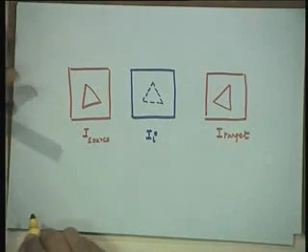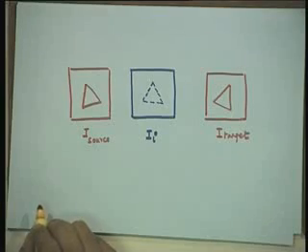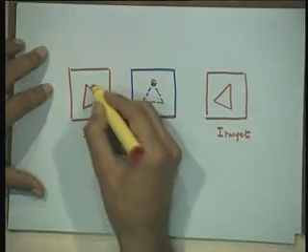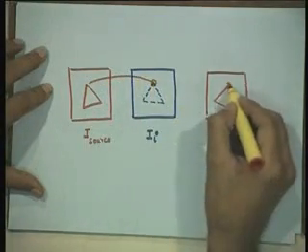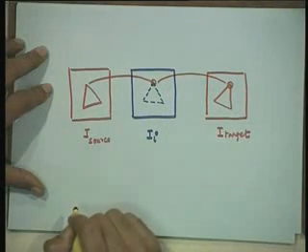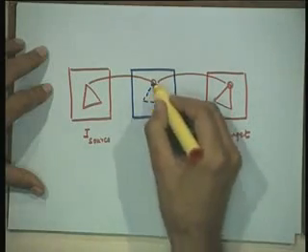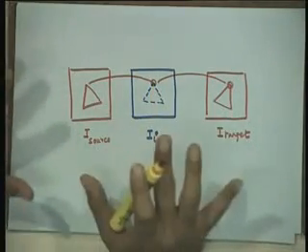right? So all we are saying is that this particular point corresponds to this particular point corresponds to this, and so on. So these points have been located now spatially.